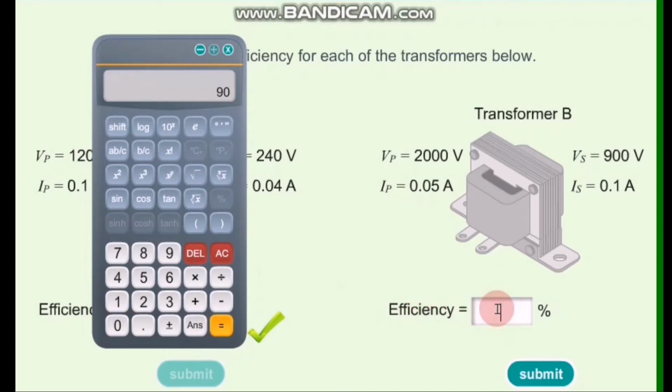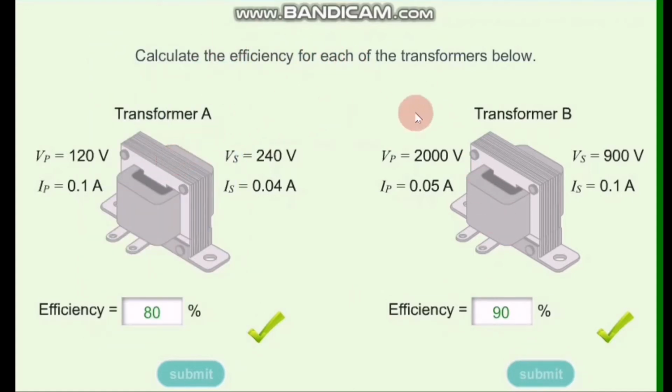So the efficiency is 90%. Yes, correct. So from these two examples, we can say that transformer B has a higher efficiency compared to transformer A.